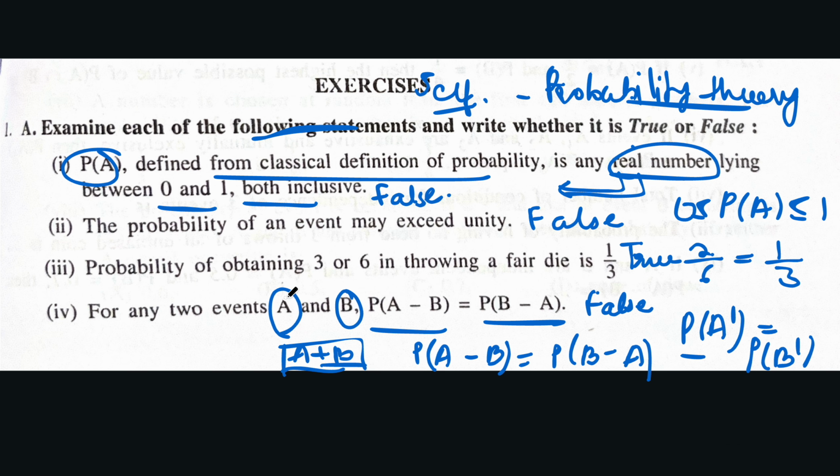In any other scenario, definitely not. I can only say this in the case when I know probability of A is equal to probability of B, and in that case it would be 0. Something like that.